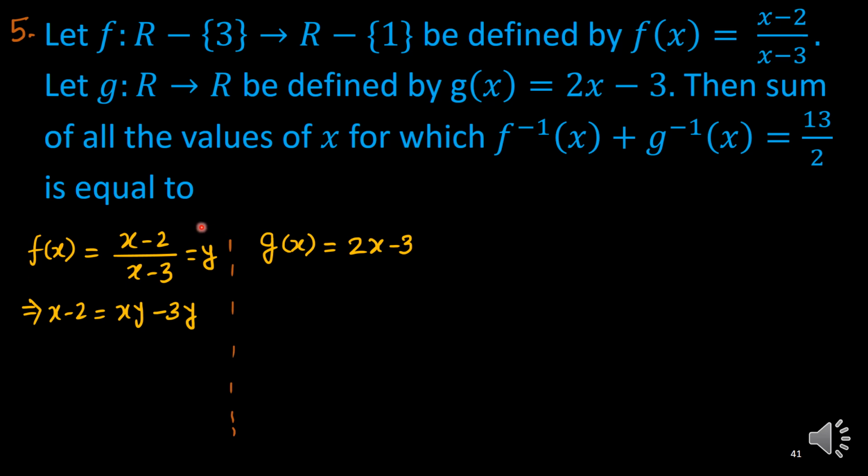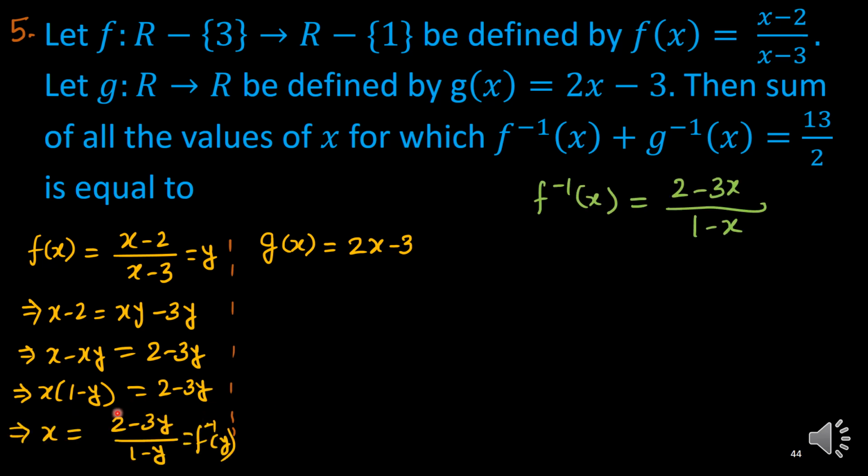I will take this one first, this is y, so I can rewrite as x minus 2 equals these things. Then I can express x in terms of y like this. So this will be your f inverse y. As this is 2 minus 3y upon 1 minus y, this is your f inverse y. Thus f inverse x is (2 minus 3x) upon (1 minus x), just replaced by x.